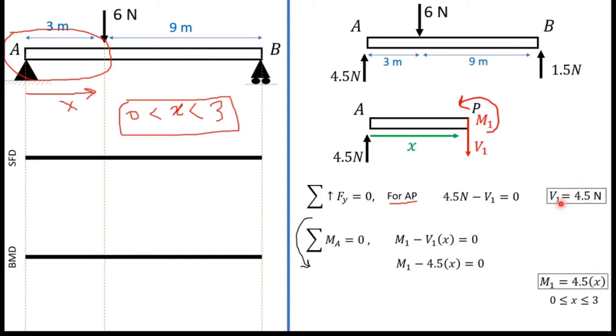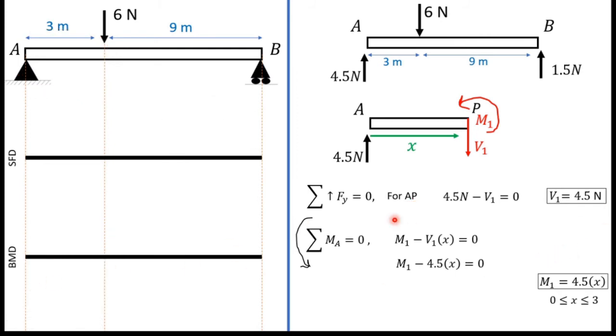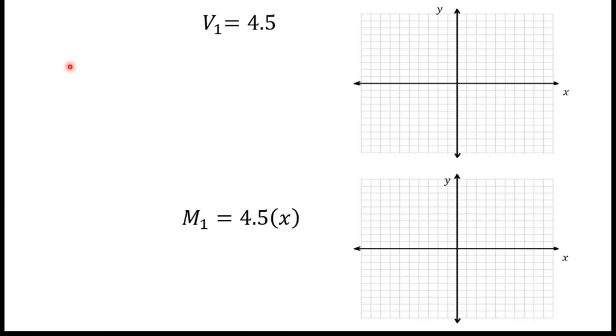So this is the diagram for moment, and this is the diagram for shear force. These functions are all valid for this region, A to this point. So how do we draw graphs for these functions? For that we have to know how to draw graphs.